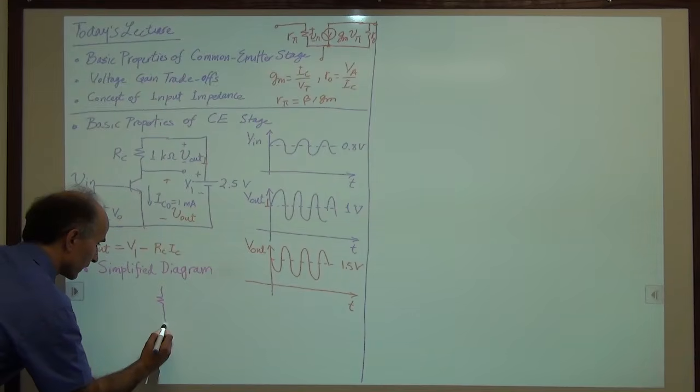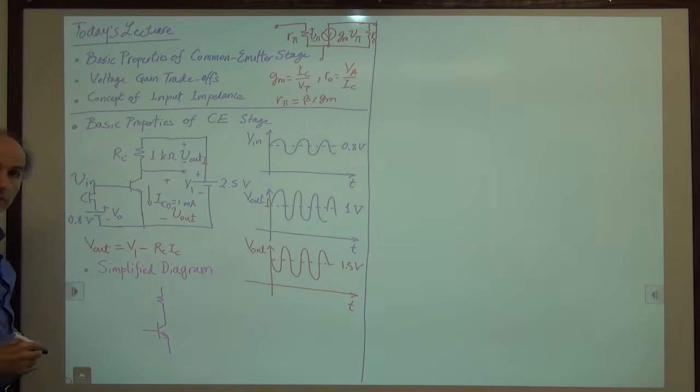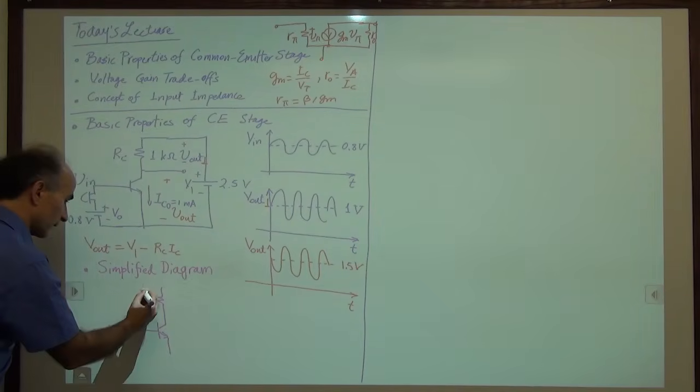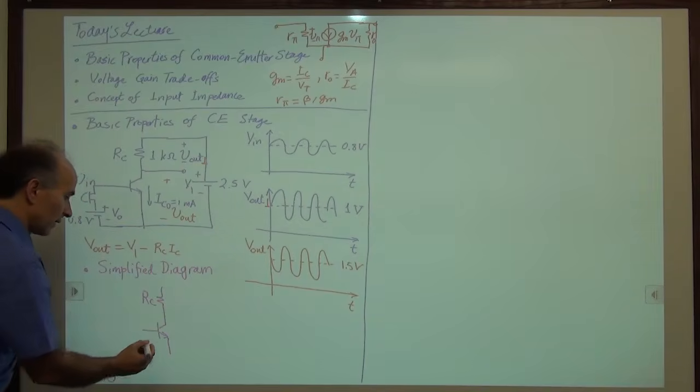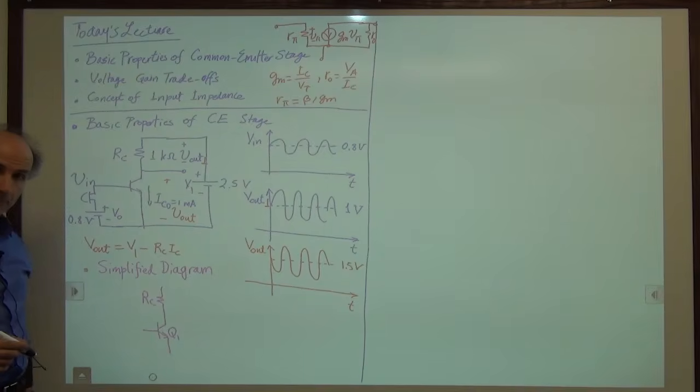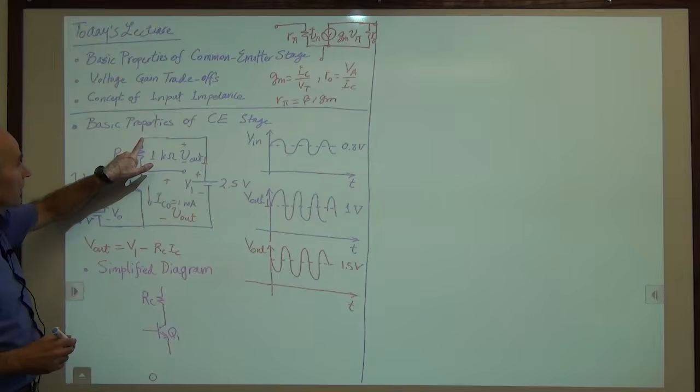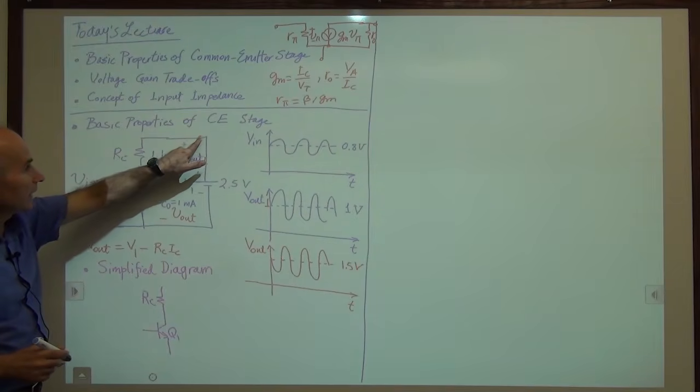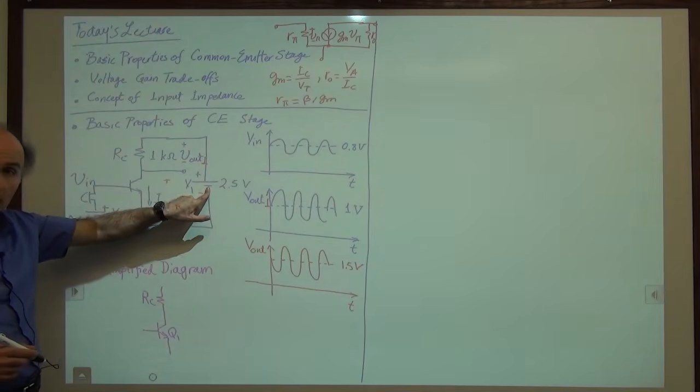So here's the basic circuit. No change there. This resistor, for example, may be called RC. This transistor may have a name like Q1 if you want. That's it, okay? No problem there. Now, this terminal is connected to this terminal by a battery.